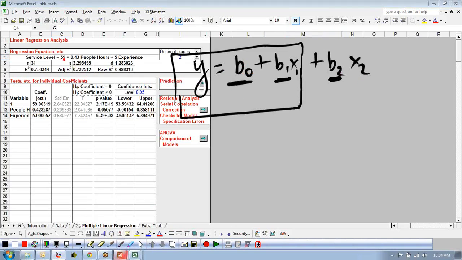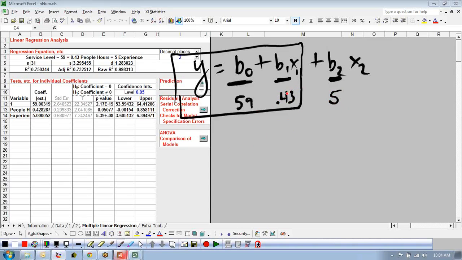It says our B0, this B0, that's 59. And it says our B1 is 0.43, and it says our B2 is 5.